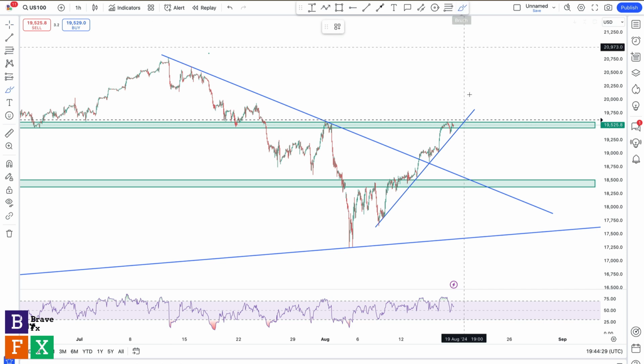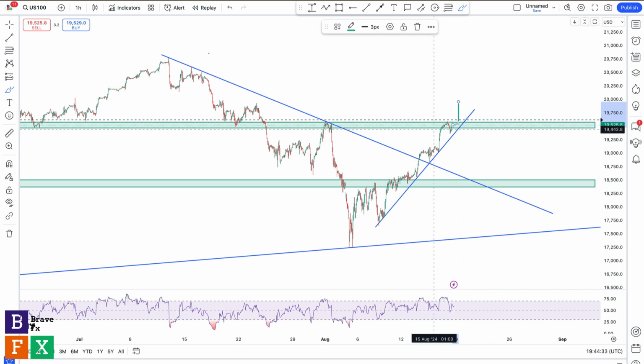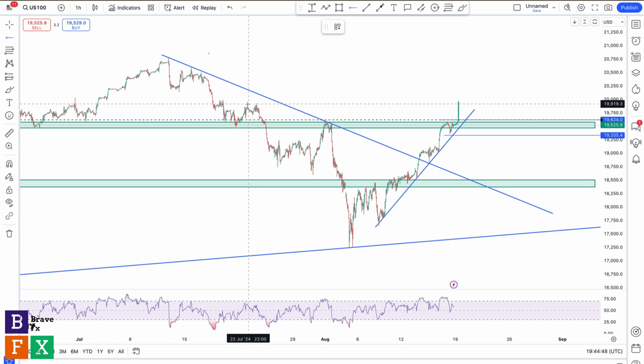So the first case study is waiting for a bullish breakout. If we do get a bullish breakout, I'm going to jump in aggressively. My stop loss is going to be underneath these lows, and my first take profit target is obviously going to be around these highs. I'll be taking very little profit off the table at those price levels.